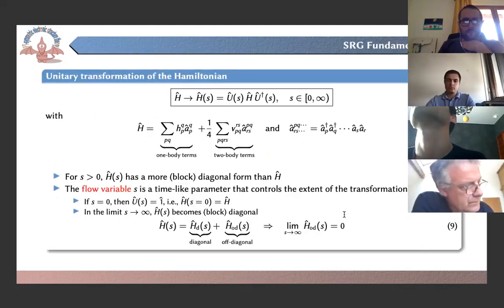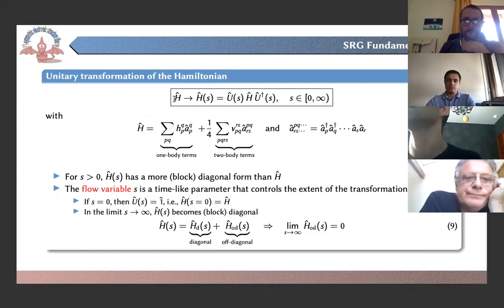Okay, so what is the idea behind SRG? You're going to do a continuous transformation of your Hamiltonian. So that's your bare Hamiltonian that you transform into an S-dependent Hamiltonian, H of S, by a unitary transformation. Okay, so here it's not a similarity transformation; it's a unitary transformation.